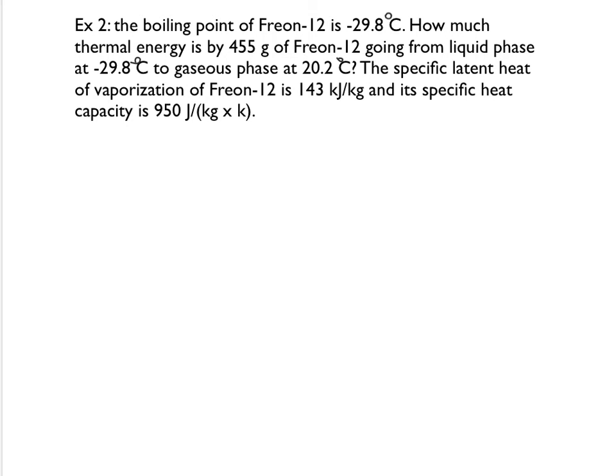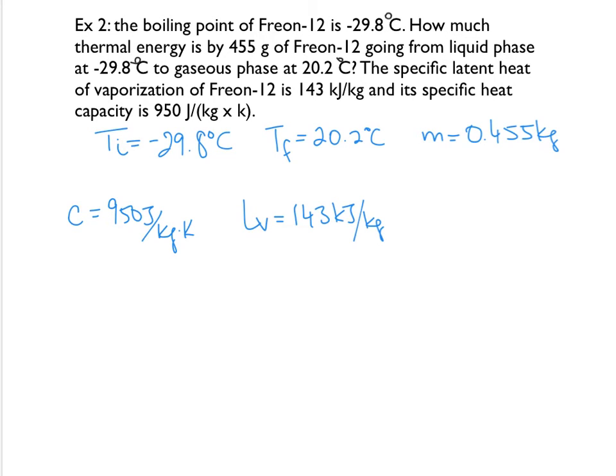Let's write down our givens. Remember that we want to convert our temperatures into Kelvin, so your initial temperature is going to be add 273, so 243.2 Kelvin. Our final temperature is going to be, same idea, add 273, 293.2 Kelvin.